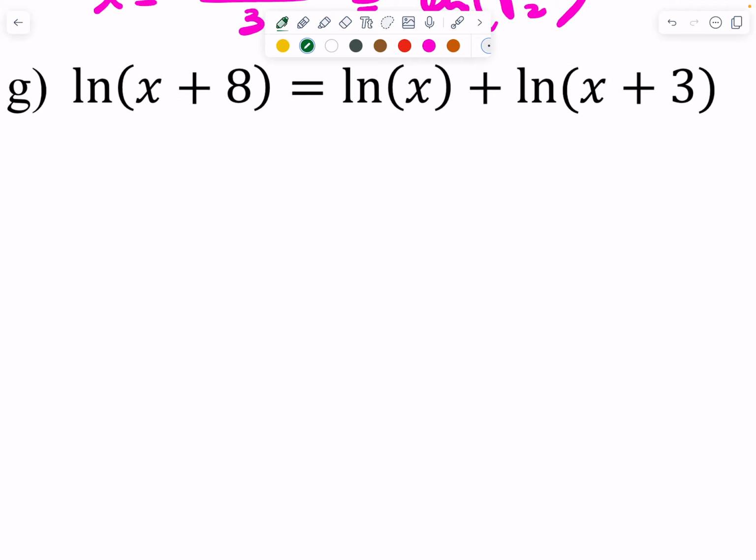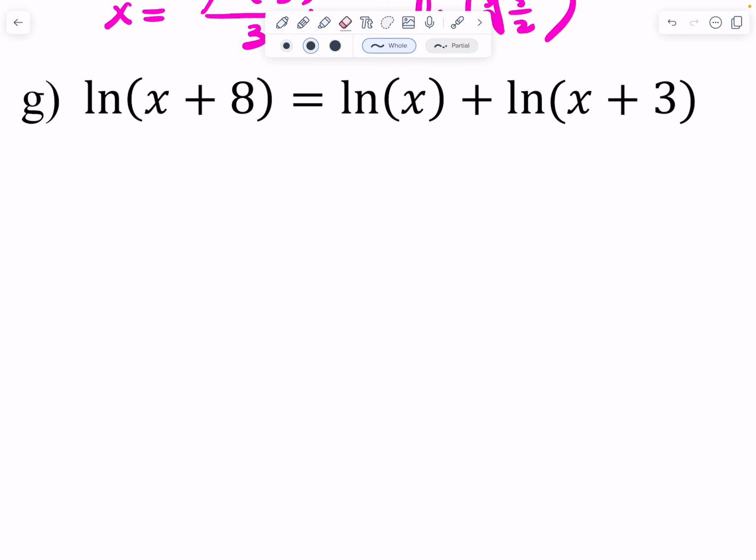Let's look at this more complicated logarithmic equation. Looking at the equation at first glance, we can't use the one-to-one property, because my go-to is to think, can I use the one-to-one property? The reason I cannot is that the right-hand side is a sum of logarithms.